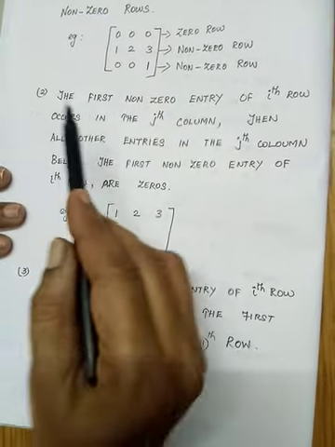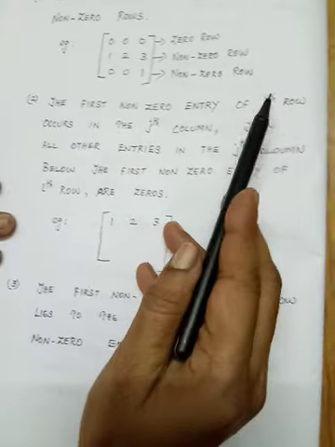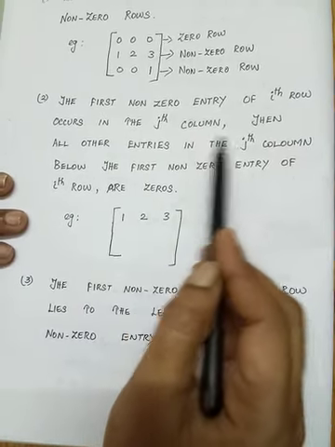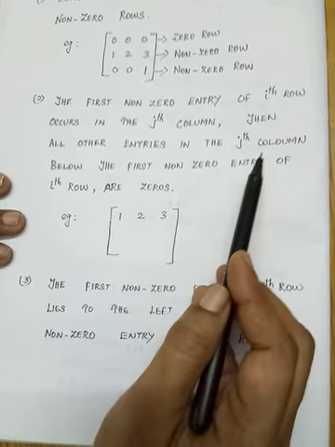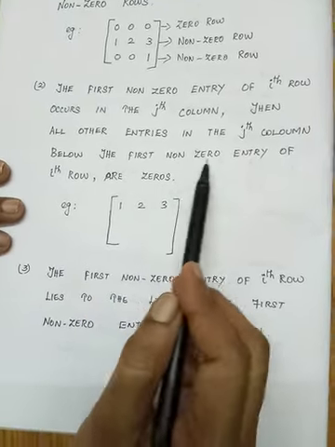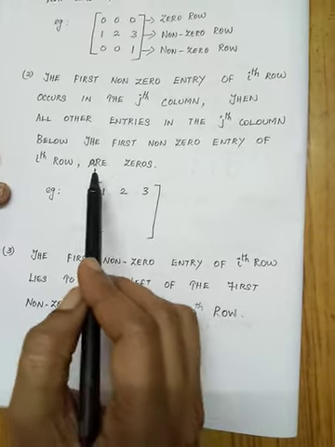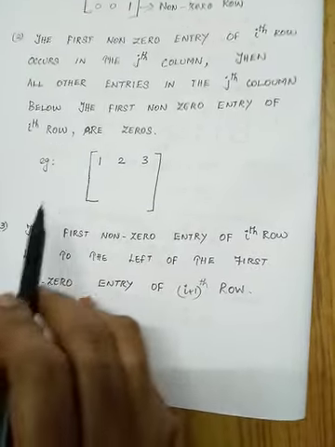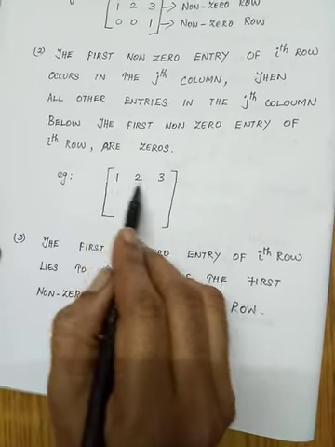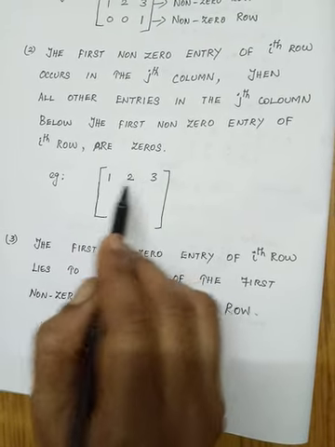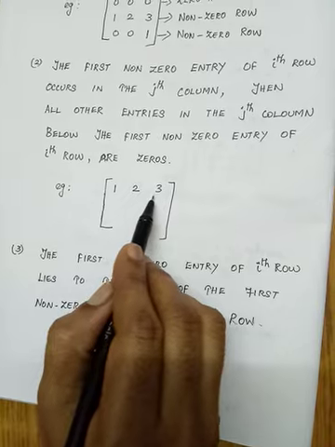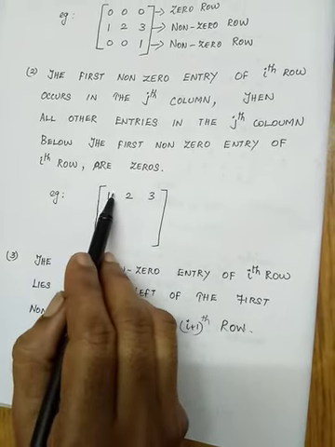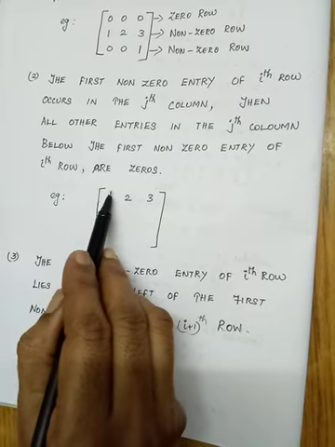And the second one: if the first non-zero entry of the ith row occurs in the jth column, then all other entries in the jth column below the first non-zero entry of the ith row are zeros. To explain this, I have taken this example. Here, in the first row you have 1, 2, 3. Which is the first non-zero entry? The first non-zero entry is 1.